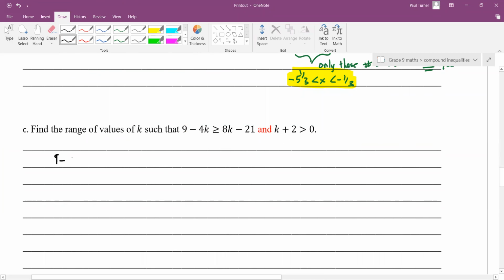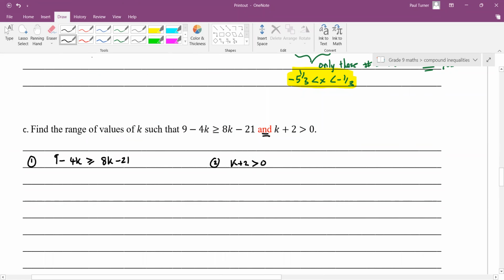So 9 minus 4k greater than or equal to 8k minus 21. So this is equation 1. And you see the word "and" again. So they have to both be true. And this is a real easy one, isn't it? 2. So here we're saying k plus 2 must be greater than 0. So we can do this one first. This is really easy, isn't it?